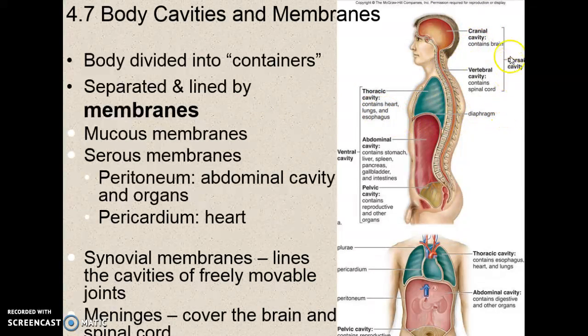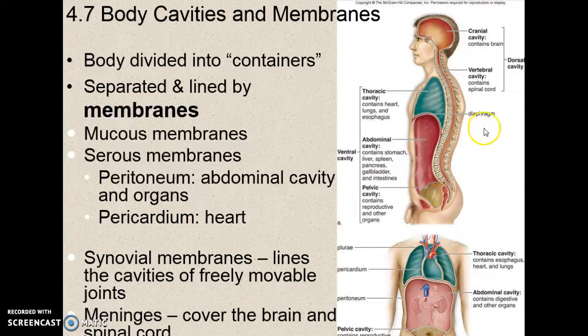You have the dorsal cavity. You have the thoracic cavity, which contains the heart, lungs, and esophagus. You have the abdominal cavity: stomach, liver, spleen, pancreas, gallbladder, intestines. You have the pelvic cavity, reproductive and other organs. This is the ventral cavity, and the dorsal cavity is at the back.